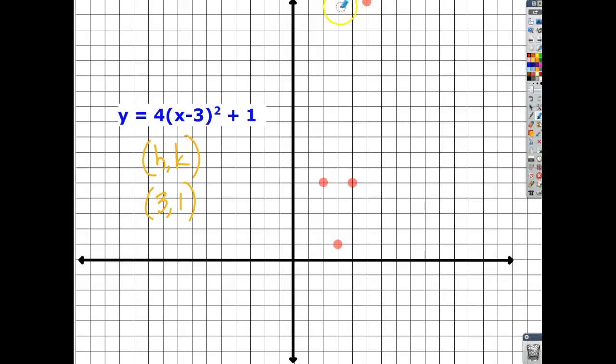Then I'm going to mirror that again over my axis of symmetry, and then I can draw my parabola. It's just a sketch, and you can see this is a vertical stretch going up very quickly. All right, there we've got it.